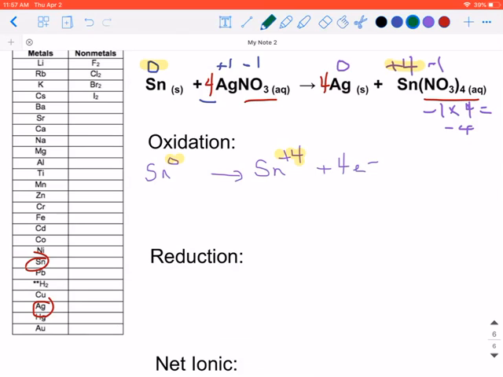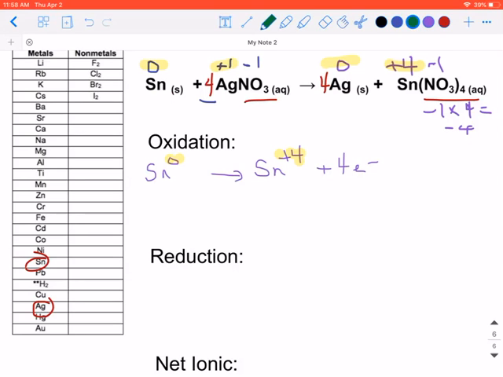So, for our reduction one, electrons are being gained, which means the charge is being reduced. Let's see, which species is being reduced? Silver goes from +1 to 0, so that charge went down. So silver is my species that has been reduced.